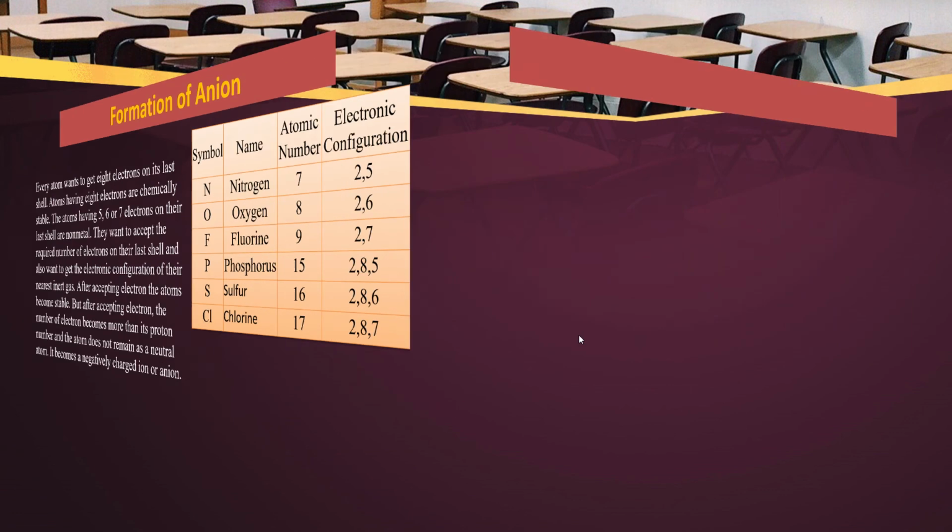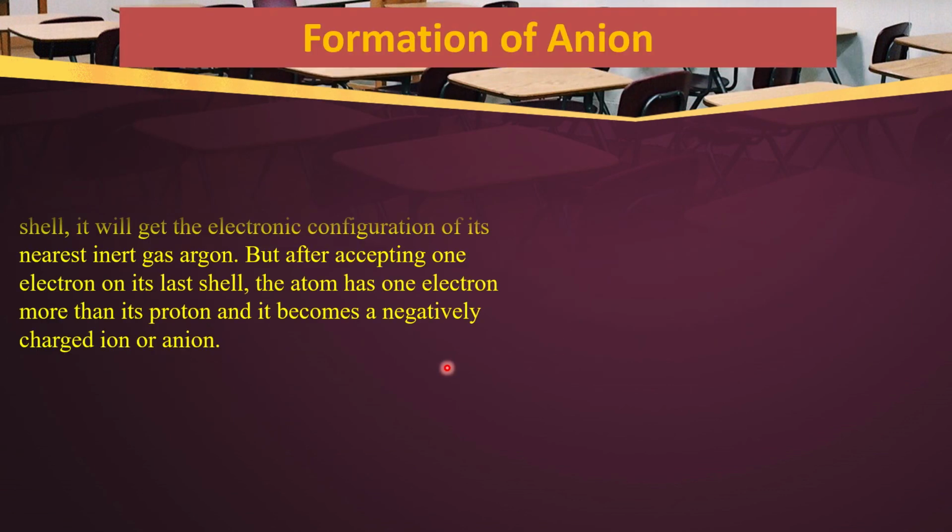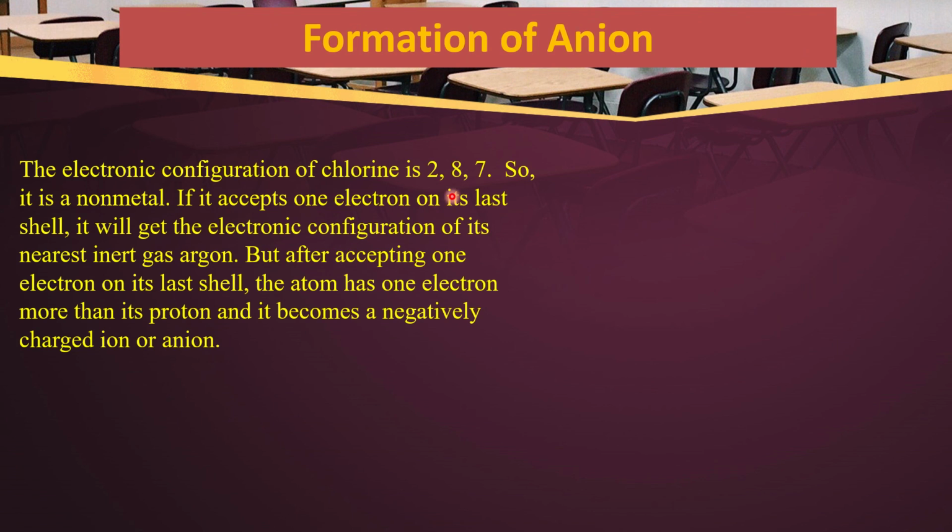I will show here the formation of chlorine ion. The electronic configuration of chlorine is 2,8,7. So if it accepts 1 electron on its last shell, it will gain the electronic configuration of its nearest inert gas, argon. But after accepting 1 electron, it has 1 electron more than its proton, so it will become a mononegatively charged ion or anion.